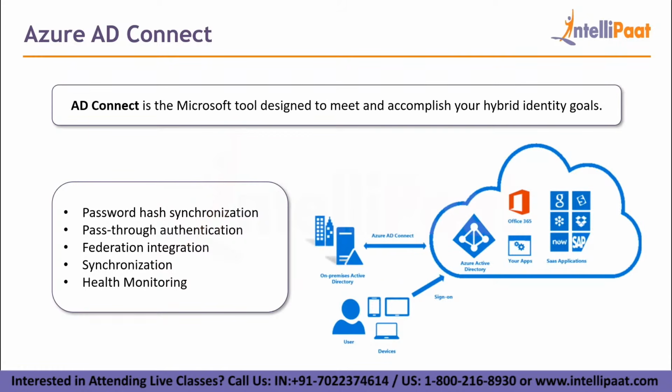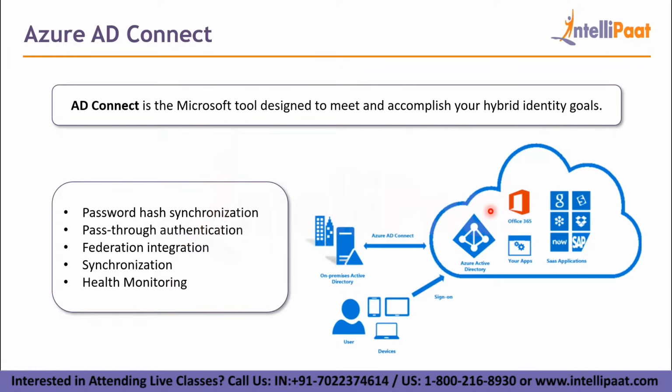synchronization. Looking at this image, you can see this is your on-premises, and in on-premises you have Active Directory, and then you have the Azure cloud where you have all your applications, all your SaaS applications, Office 365, and also Azure Active Directory. The user is signing into the cloud, and the user should be able to access the on-premises Active Directory as well as the cloud one.